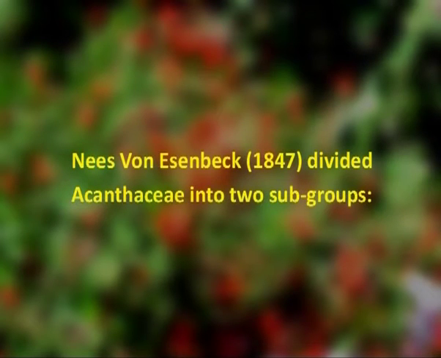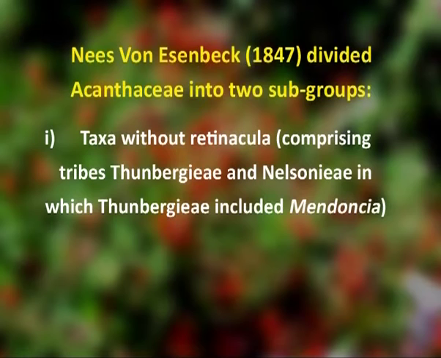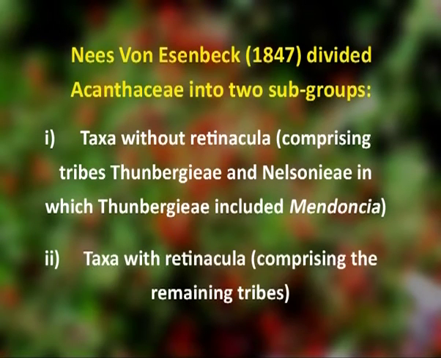Nees von Esenbeck divided the family into two subgroups: taxa without retinacula, comprising the tribes Thunbergieae and Nelsonieae, in which the Thunbergieae included Mendoncia, and those with retinacula, comprising the remaining tribes.